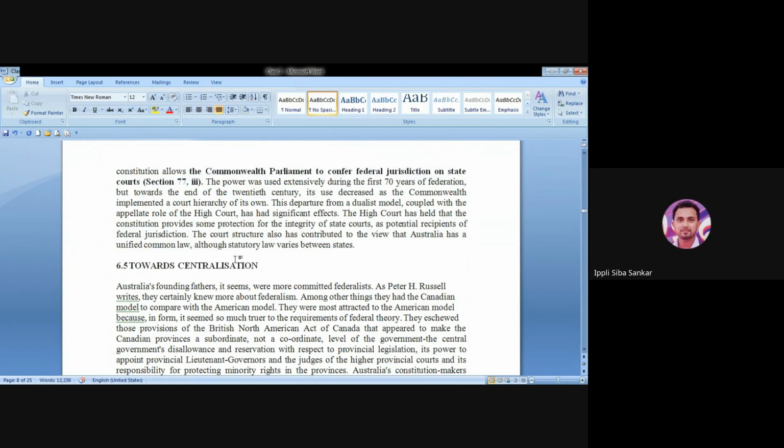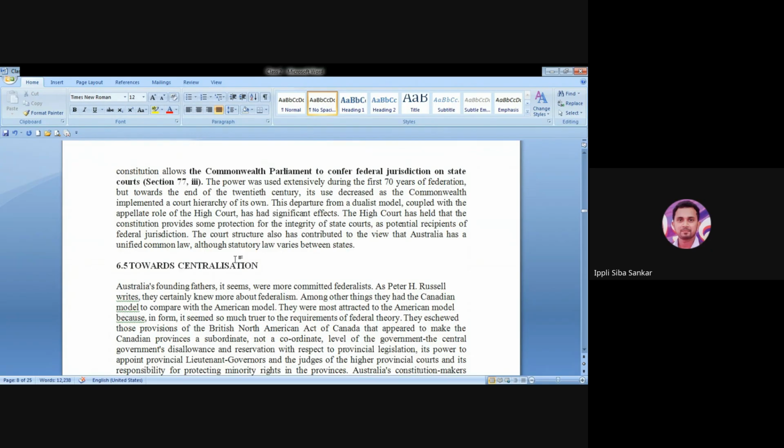The power was used extensively during the first 70 years of federation, but towards the end of the 20th century, this use decreased as the Commonwealth implemented a court hierarchy on its own. This departure from a dualist model, coupled with the appellate role of the High Court, has had significant effect.